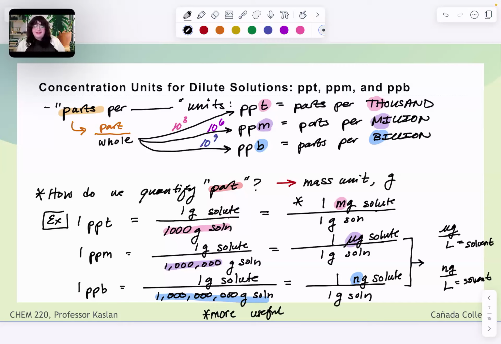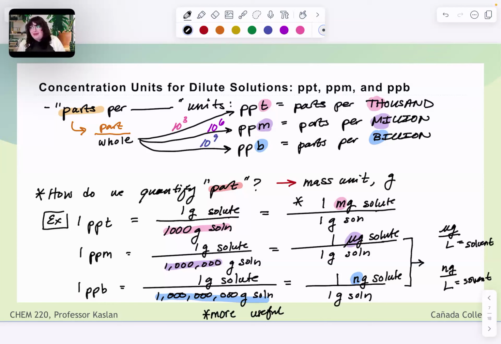Think about a beaker that has a billion solution molecules in it. If that is a 1 ppb solution, then only one out of those billion particles in solution is the solute. So that means 999, a bunch of nines, we are one away from a billion, is going to be the amount of solvent.